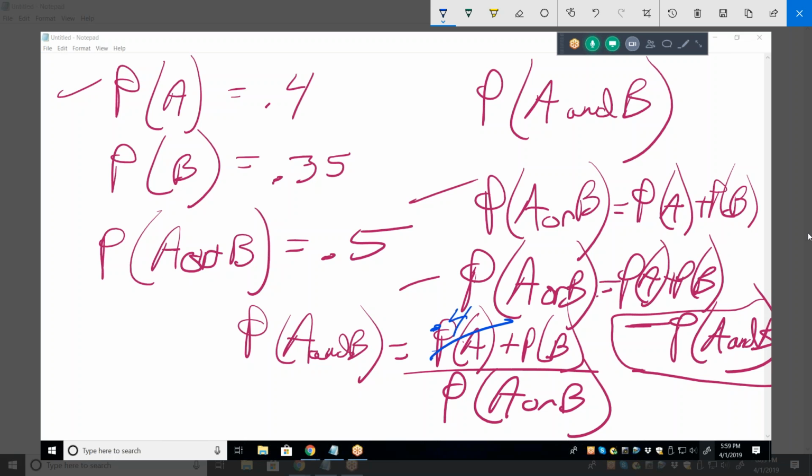Probability of B is 0.35. Probability of A or B is 0.5. So we have 0.75 divided by 0.5. What is that? 1.5? I'm going to do that real quick. Yeah, 1.5.